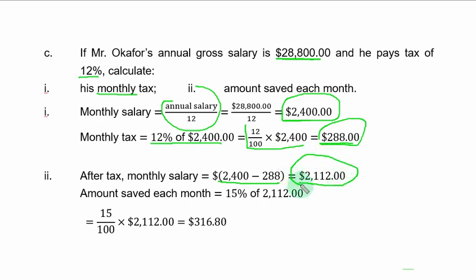So amount saved each month is 15% of 2,112, and that amount is $316.80 as the amount he saved each month after tax.